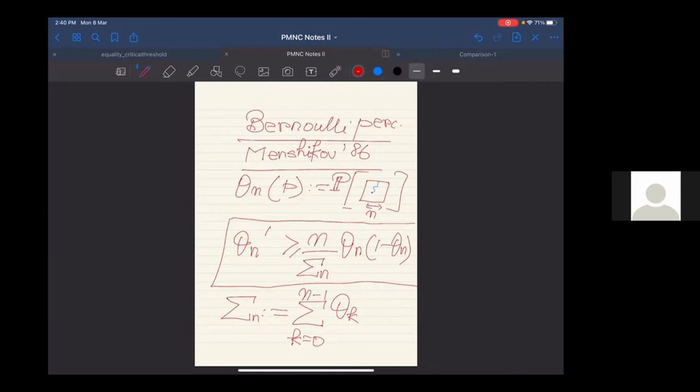Now, it's an exercise, and it's actually quite a hard exercise probably, and you can try that at home if you want some fun. You don't need to assume that these are percolation probabilities or anything.